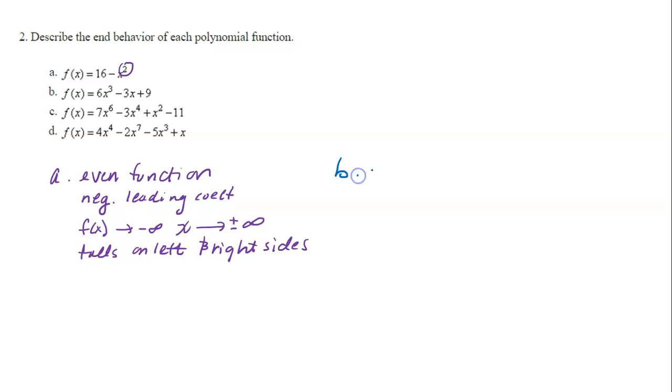B is an odd function with a positive leading coefficient. You can see that 6 is positive, right?